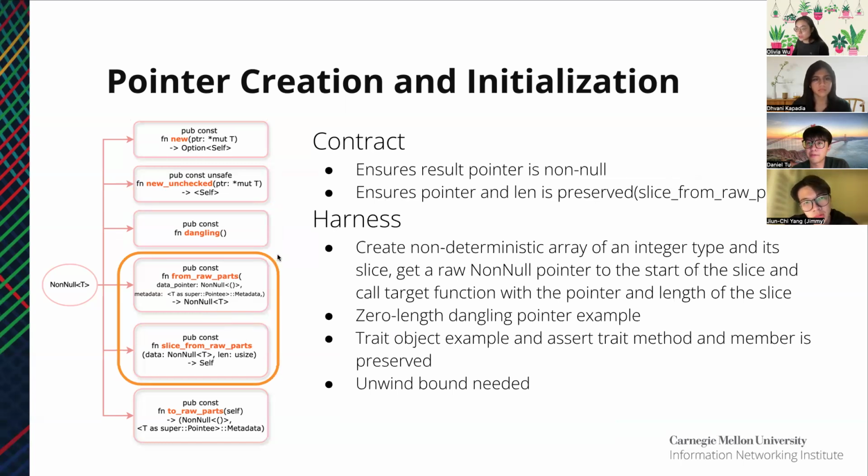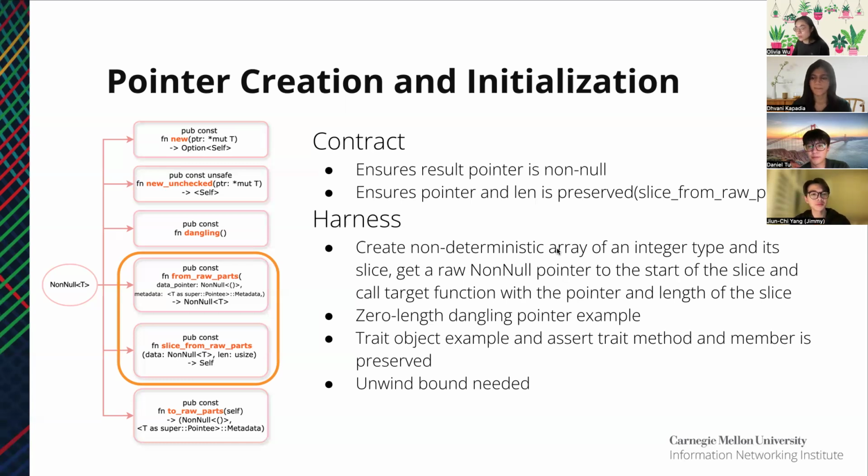So the next ones are from raw parts and slice from raw parts. These two functions take in the data and also length and form a complete non-null pointer. For this one, we want to ensure that the result pointer is non-null, and also that the pointer and length are preserved. And then for the harnesses, our approach is that we create a non-deterministic array of an integer type and its size, and then we get a raw non-null pointer to the start of the slice and call the target function with the pointer and the length of the slice.